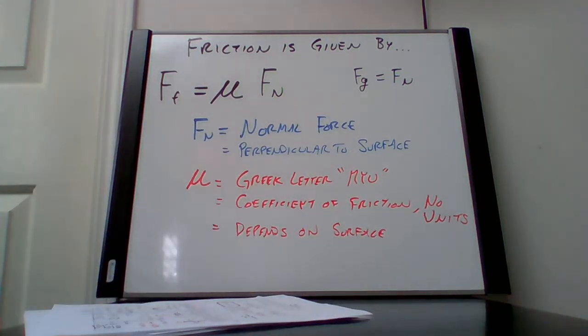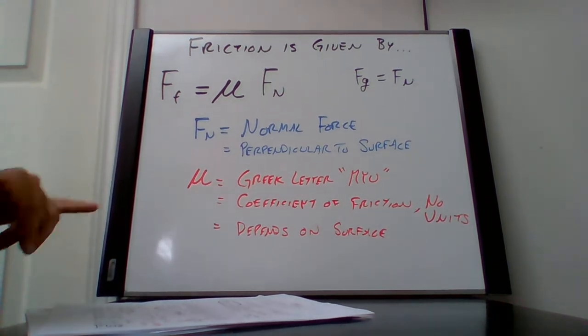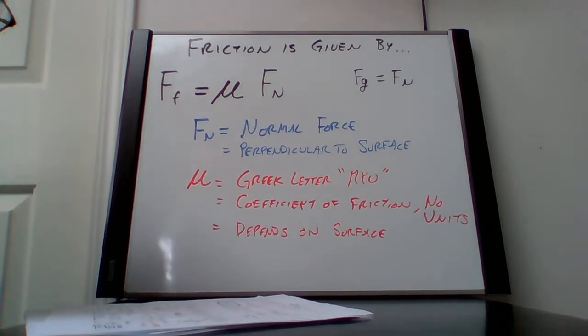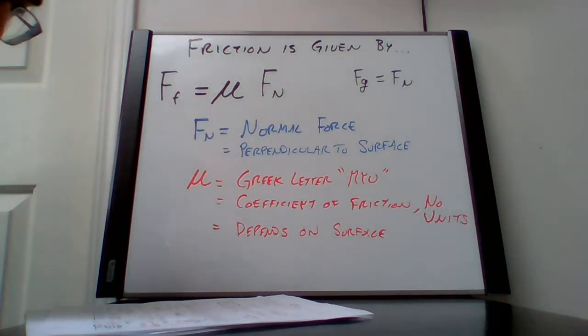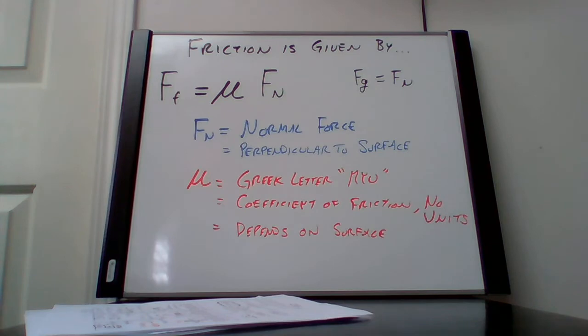Now, we have a couple different situations here. Either we are going to be given the mu and have to calculate our force of friction, or we're going to be given the force of friction and our normal force and have to figure out what that mu value is. We'll get into a couple examples of this in a moment.